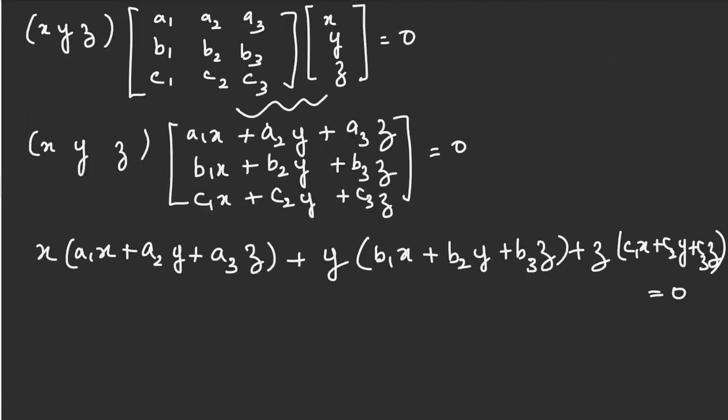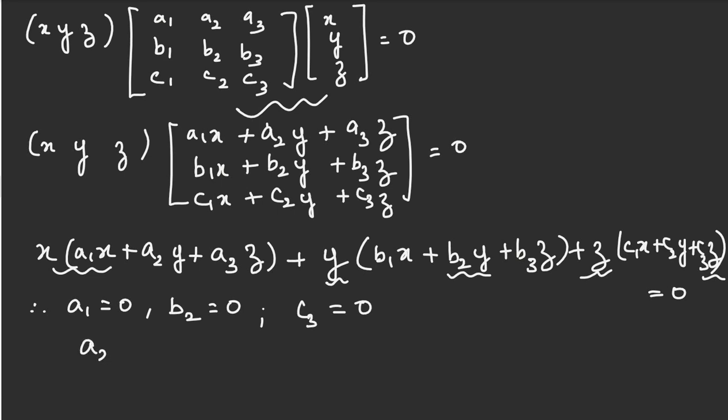So here x square A1, y square B2, z square C3 is equal to 0. Therefore, we can write A1 is equal to 0, B2 is equal to 0 and C3 is equal to 0. Then equate the coefficients of x terms. We get A2 xy plus B1 xy, the xy terms.